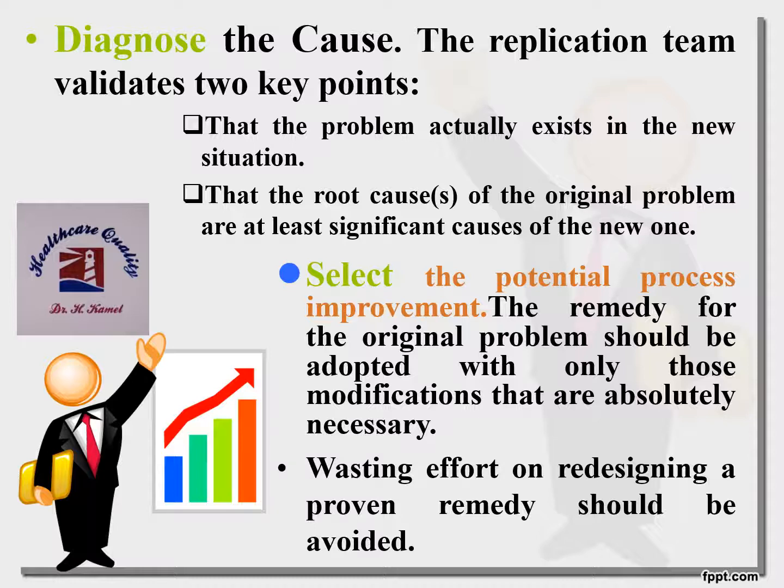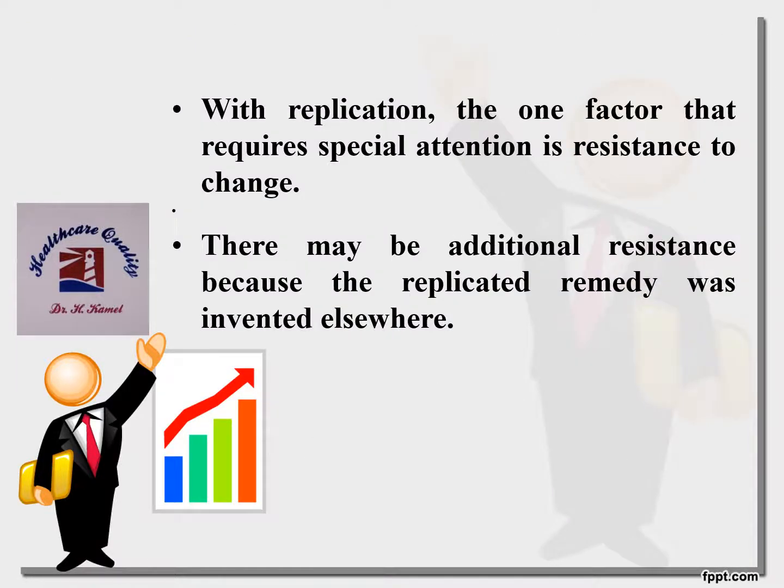The remedy for the original problem should be adopted with only those modifications that are absolutely necessary. Wasting effort on redesigning a proven remedy should be avoided. With replication, the one factor that requires special attention is resistance to change. There may be additional resistance because the replicated remedy was invented elsewhere.